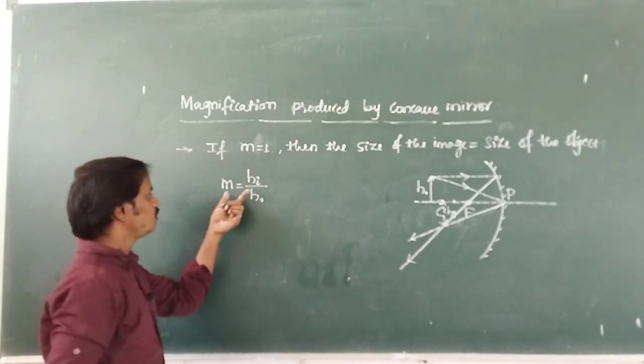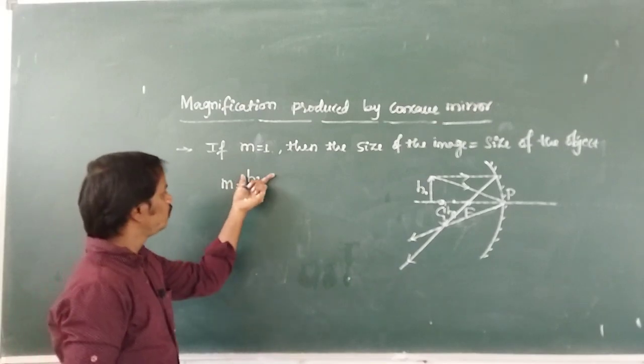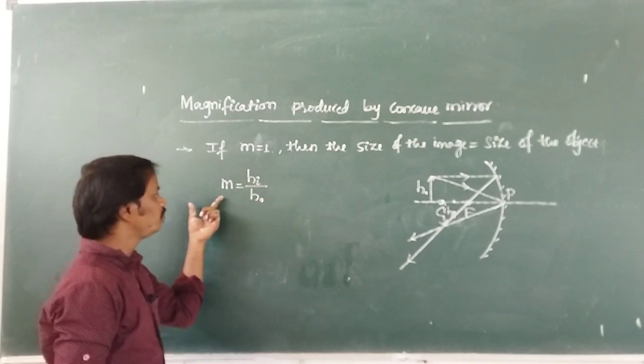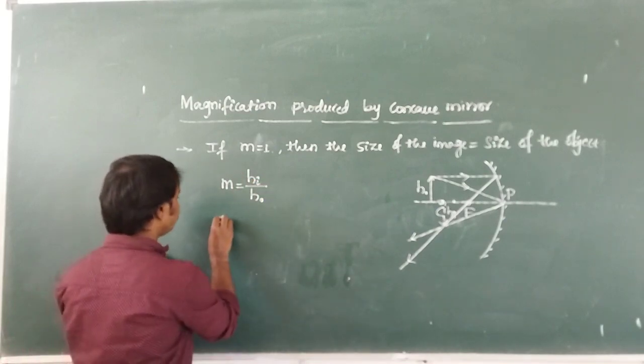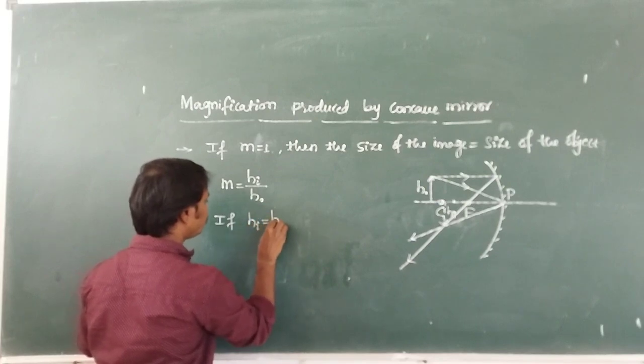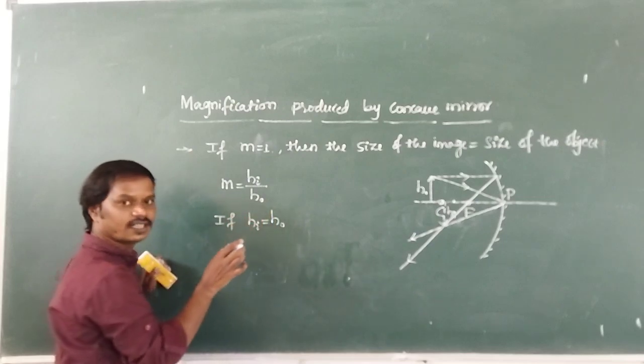What is magnification? It is the ratio of the height of the image to the height of the object. If numerator and denominator are both equal, then m is equal to 1. If the height of the image and height of the object are equal, the numerator and denominator cancel, and the answer is 1.